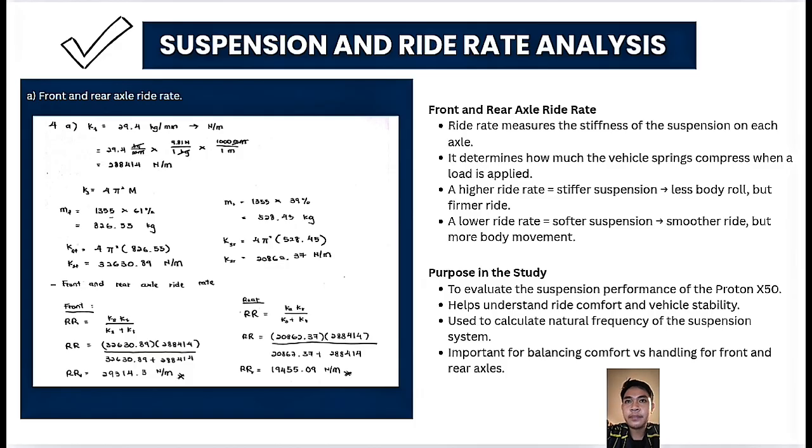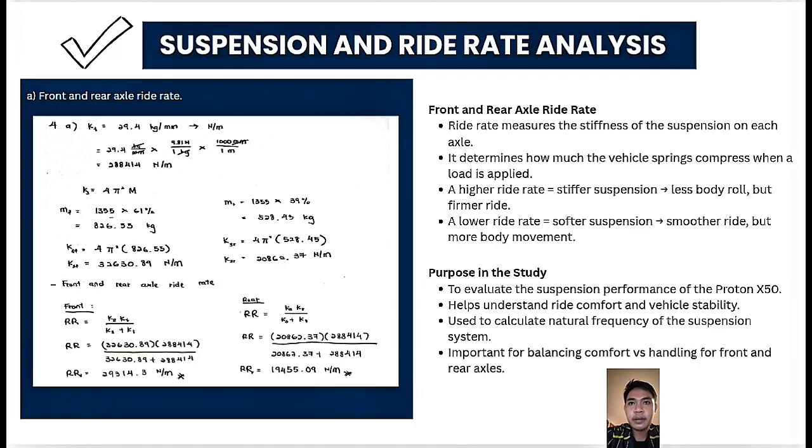Next, suspension and ride rate analysis. As you can see, the front and rear axle ride rate. Ride rate measures the stiffness of suspension on each axle. It determines how much the vehicle springs compress when a load is applied.